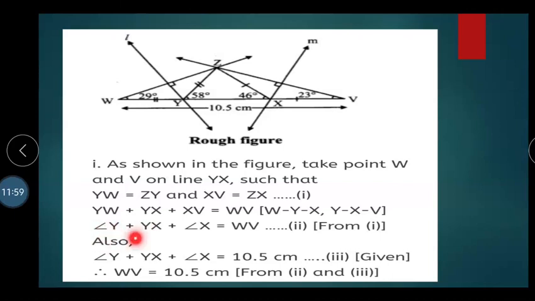ZY plus YX plus ZX is equal to WV. I repeat this statement again, children. That is from equation 2 we get. Substituting the values which is given in the question, we get it as 10.5. Here there is a bit of printing mistake that you can correct later on.